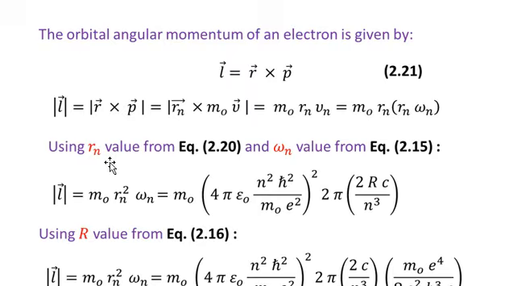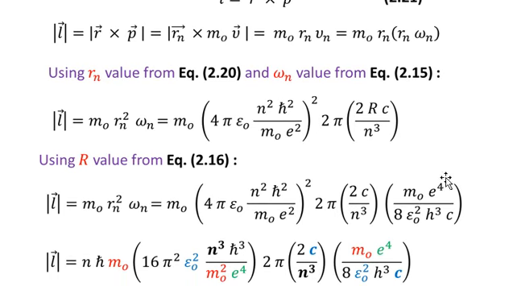So using Rn from equation number 20 and omega n from equation number 15, we can write these expressions over here. You see that we have m0, and then Rn squared, which is the value of Rn raised to the power two, and this is omega n. The quantity in the square is the value of Rn taken from equation number 20, and this value of omega is taken from equation 15.